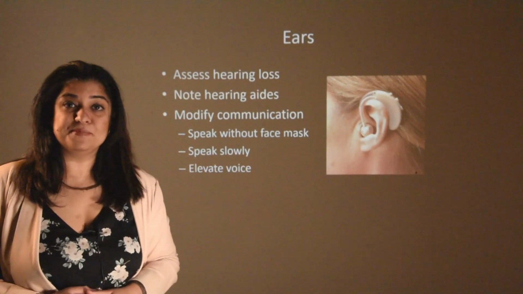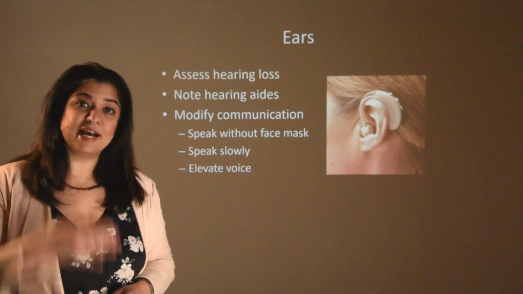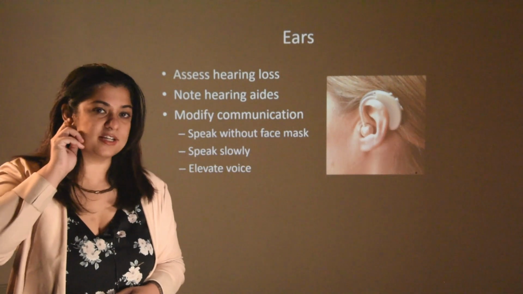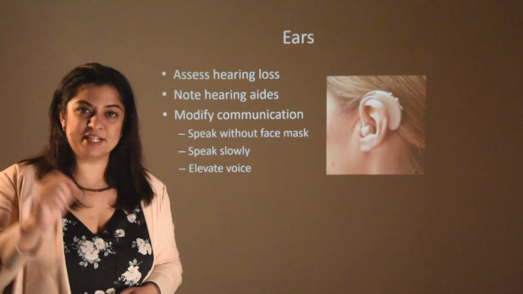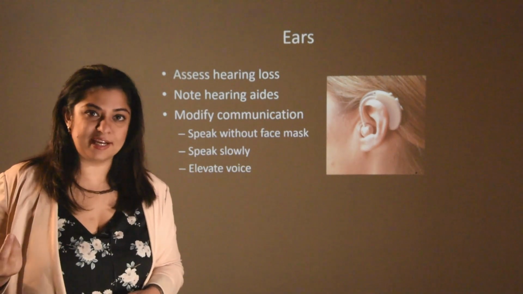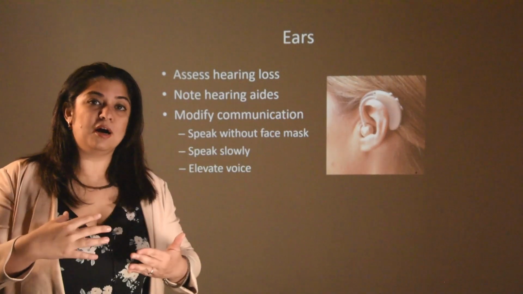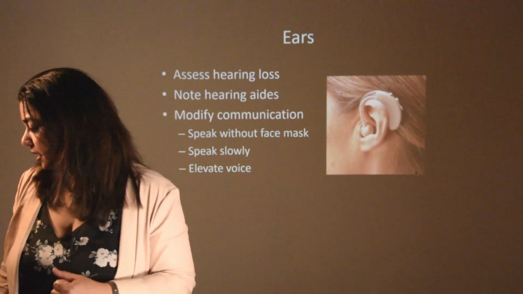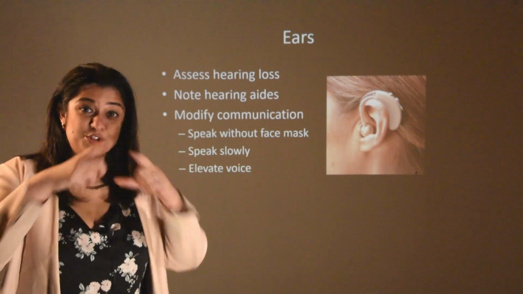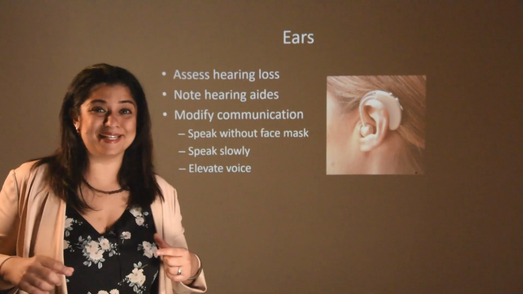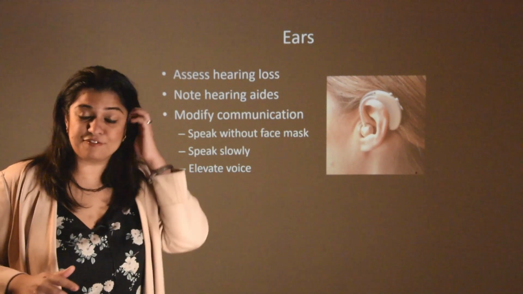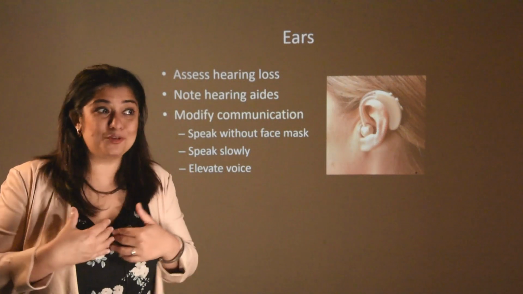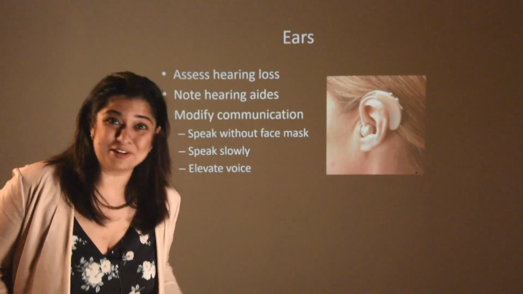Hearing loss. These days it's very common that, as we get older, you'll see a lot of patients coming in with a small hearing aid. You want to make a note in the chart if the patient can't hear properly or they have a hearing aid, because you need to know how to alter your voice when you're talking to them, or make sure that they can hear you. Also, these days, with 3 kinds of PPEs and N95 masks, if your patient can't hear properly, you may want to write things down, because I don't think they like it when you scream into their face.